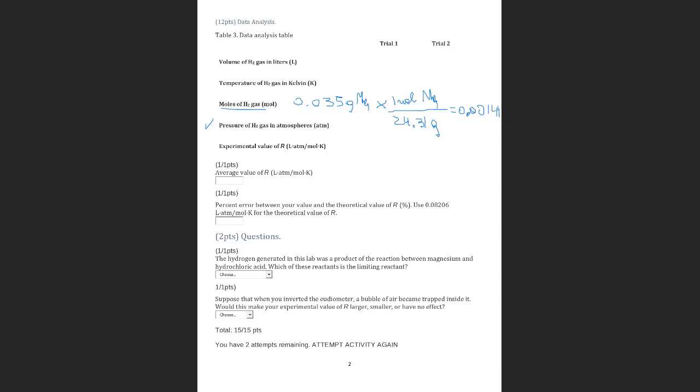For my data, the atmospheric pressure is given. In our case, for me, it is 762 minus what? The vapor pressure of the water.